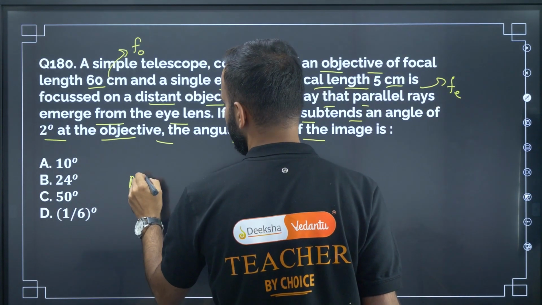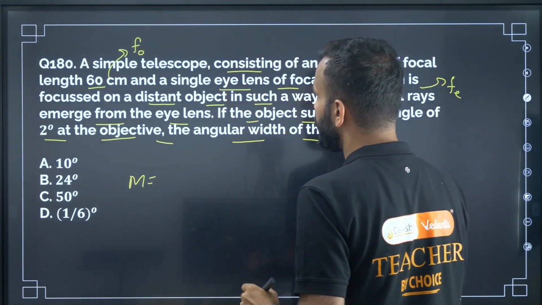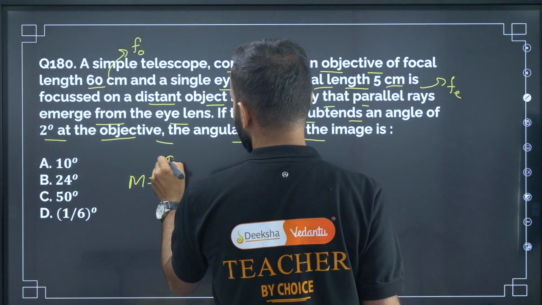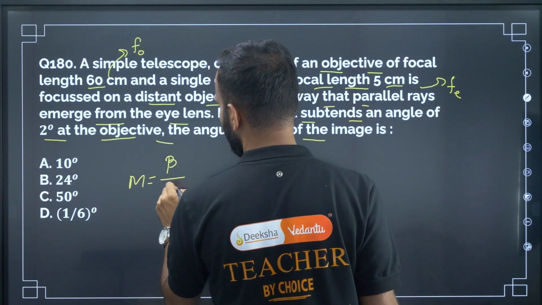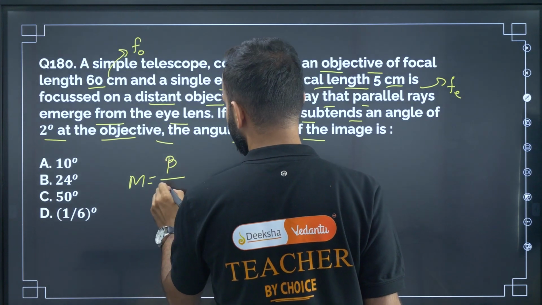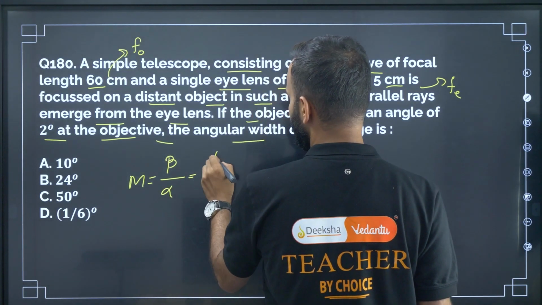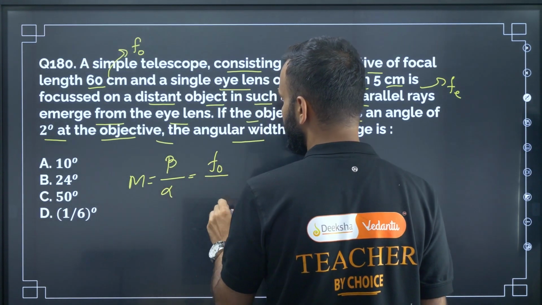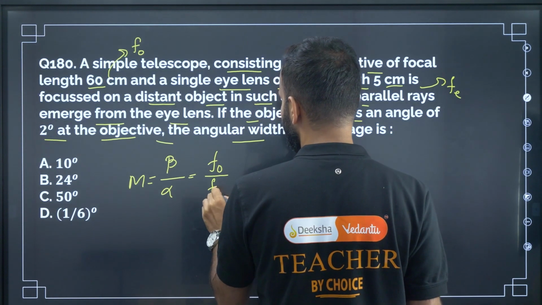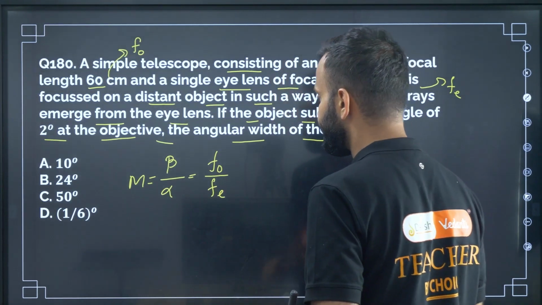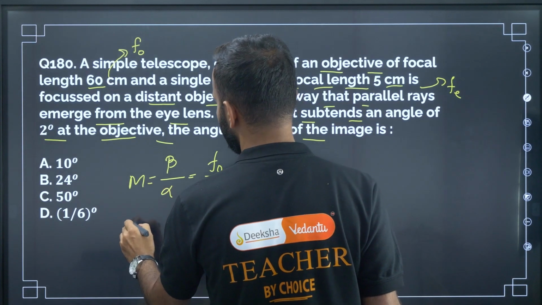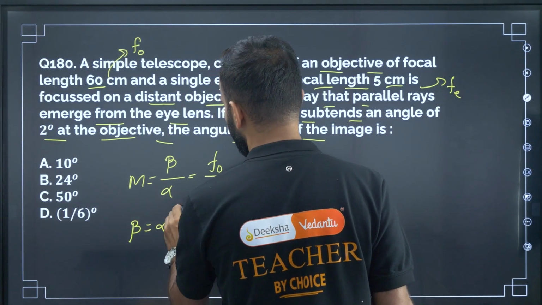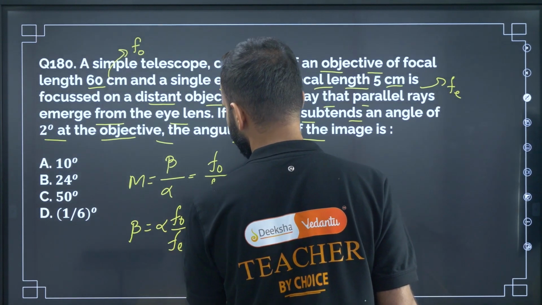We know that the magnification of a simple telescope, M, is equal to the angular width beta divided by the angle subtended by the object, that is alpha, which is equal to FO, the focal length of the objective lens, divided by FE, the focal length of the eyepiece. Now we need to find beta, which is equal to alpha into FO by FE.